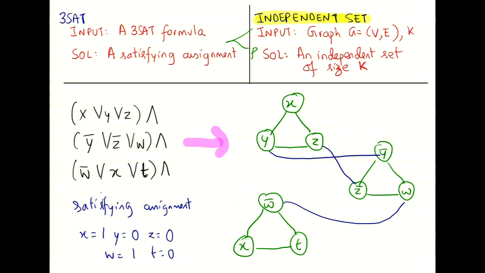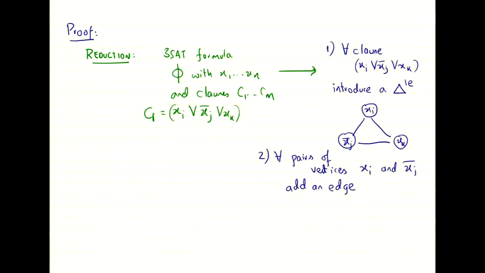I need to specify the size of the independent set I'm looking for. So I set the size of the independent set to be m, which is the number of clauses. So I'm looking for k equal to the number of clauses.